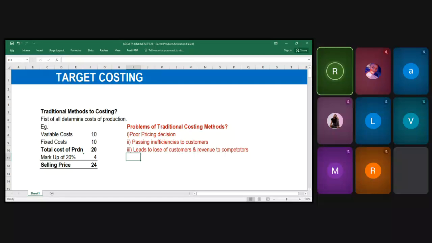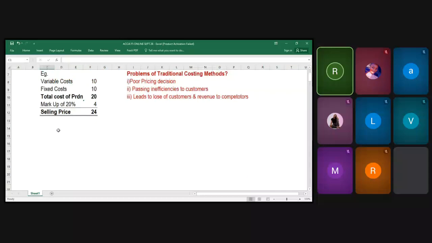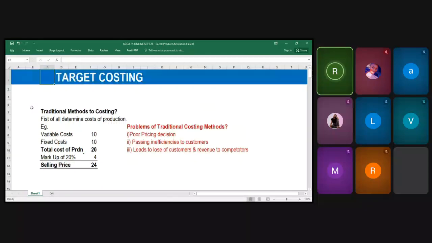Now, to curb this problem of passing inefficiencies to customers, or of determining the selling price using the traditional method, we are going to look at target costing. Target costing is coming into play to rectify this problem of the traditional costing method.